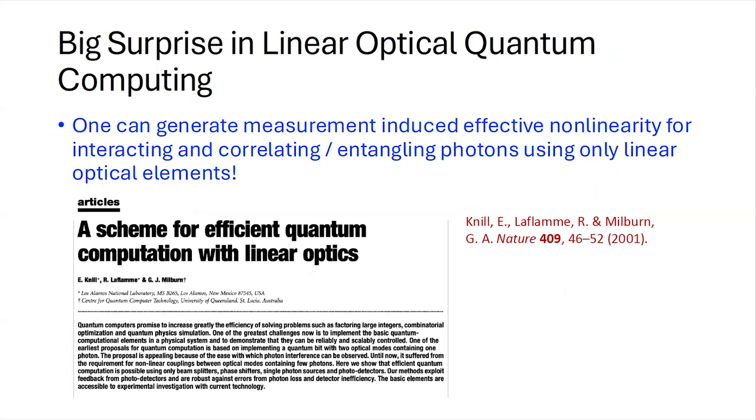The ideas come from these three persons, KLM in short, Knill, Laflamme and Milburn, in 2005. It's a nice article with very detailed explanations, a lot of ideas. But let's focus on the basic idea: how we can correlate photons using optical elements.